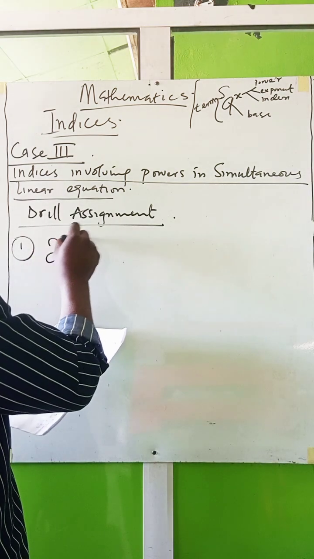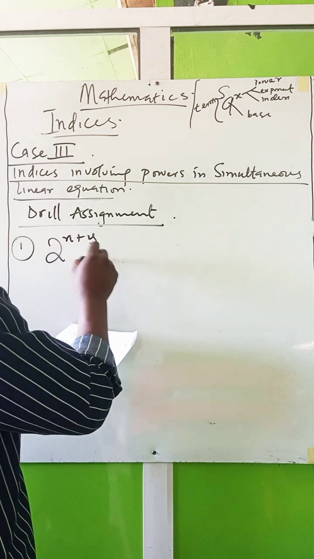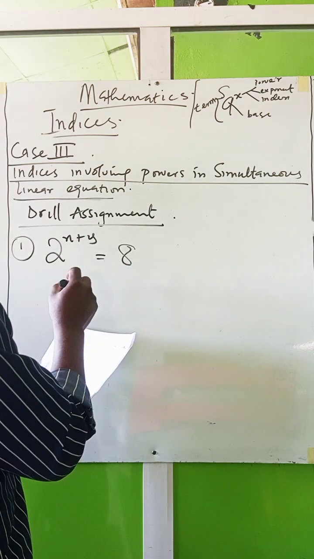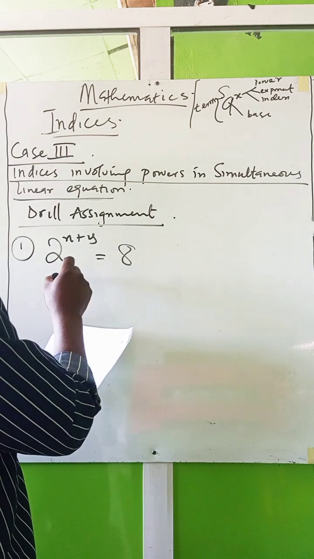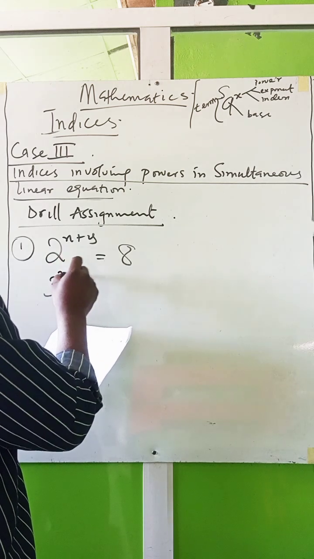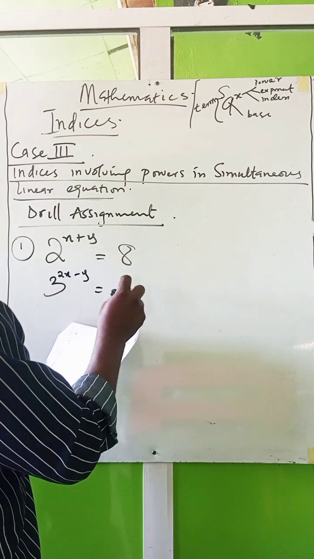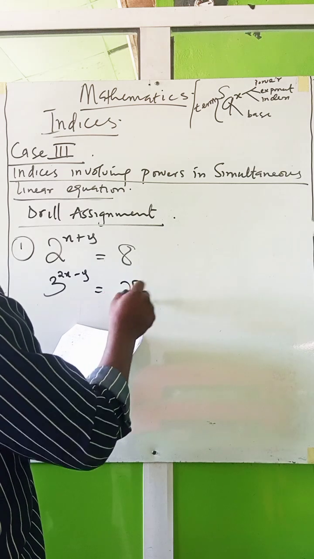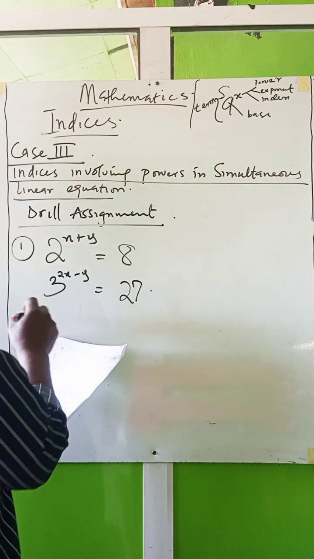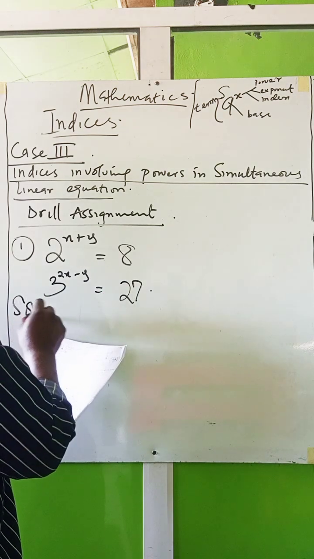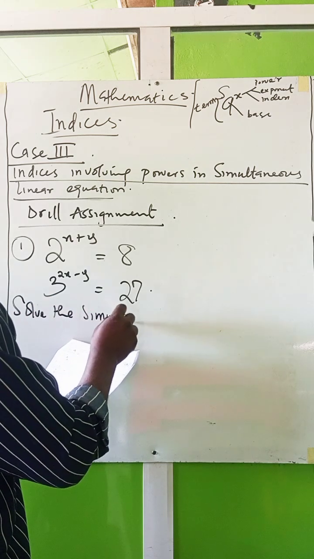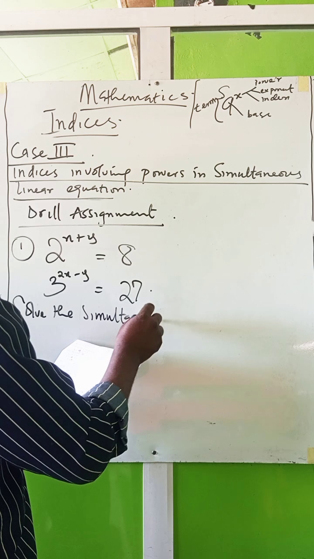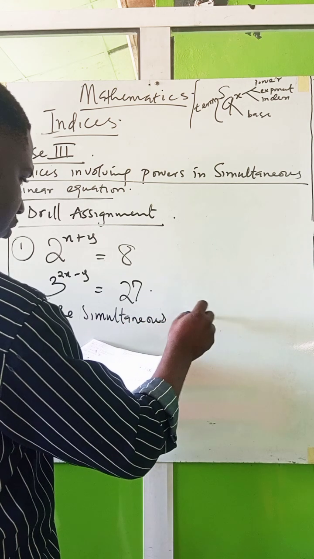Two raised to power x plus y equals 8, and 3 raised to power 2x minus y equals 27. Solve the simultaneous equation.